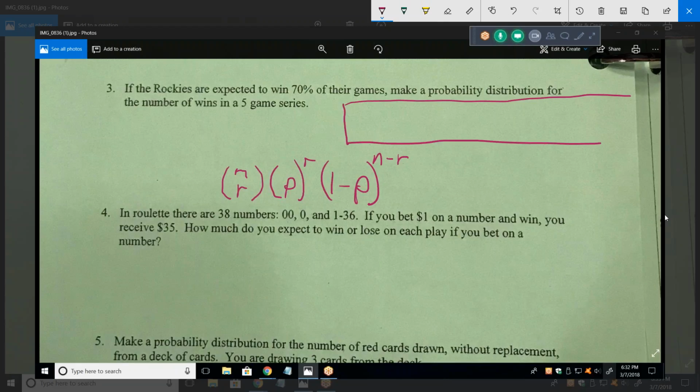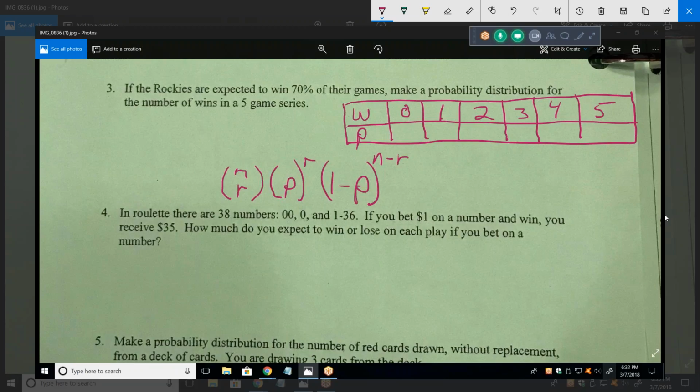In other words, if we do W there and probability there, there are 6 possible outcomes. You can win 0 games, you can win 1, you can win 2, you can win 3, you can win 4, or you can win 5.